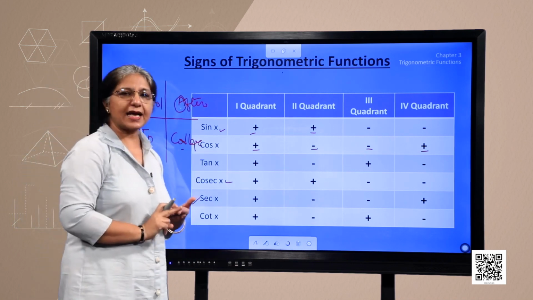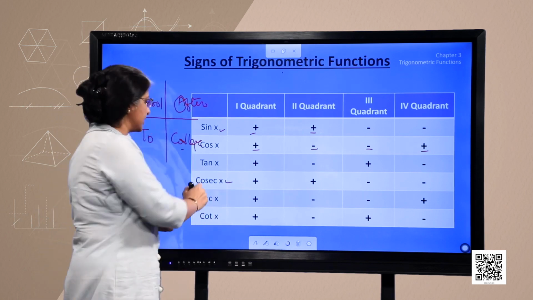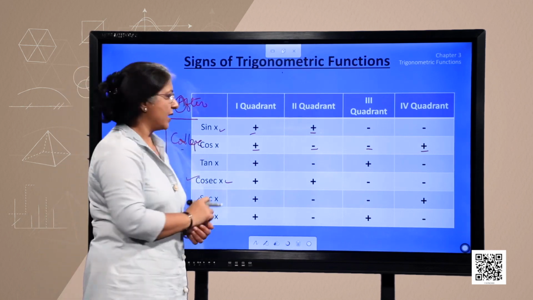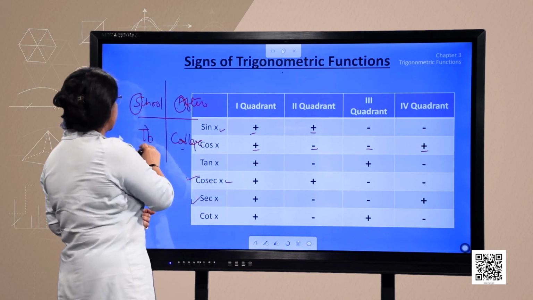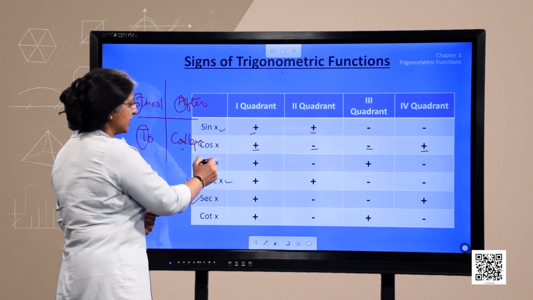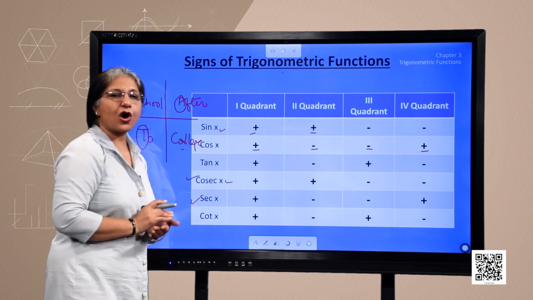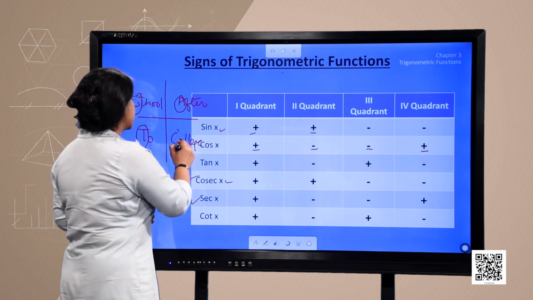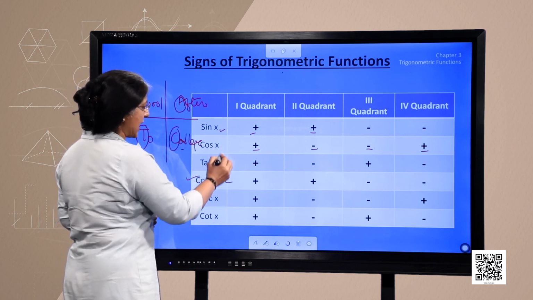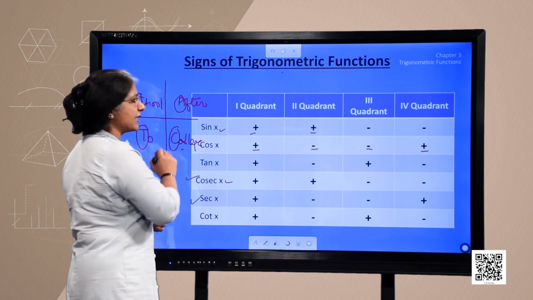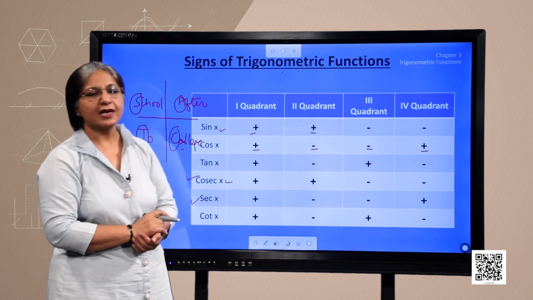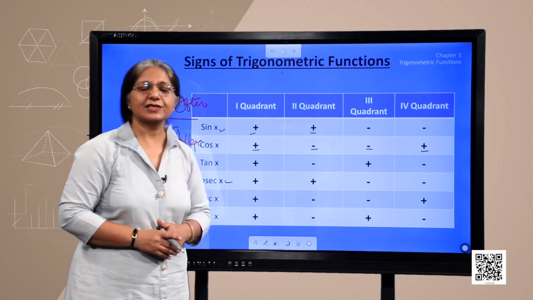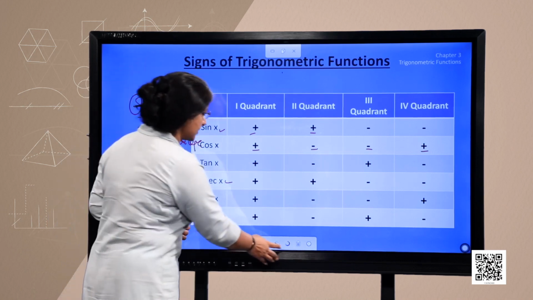So, only sine and its reciprocal, which is cosec x, is positive in the second quadrant, and in the third quadrant T means tangent, and its reciprocal cot is positive, the rest are all negative. And C is cos and its reciprocal secant x is positive in the fourth quadrant, the rest are all negative. This will help you to remember the signs of trigonometric functions.